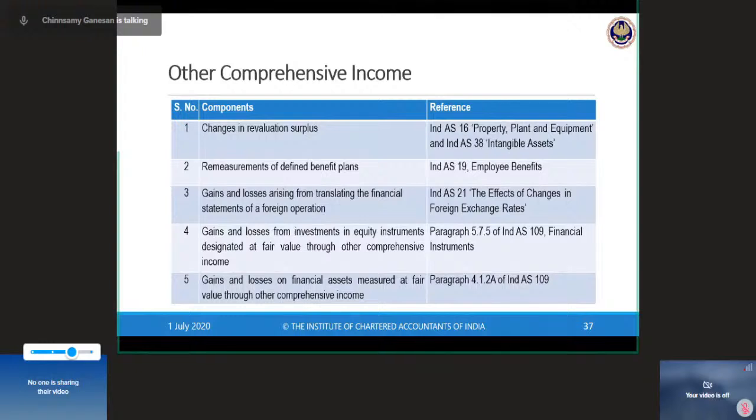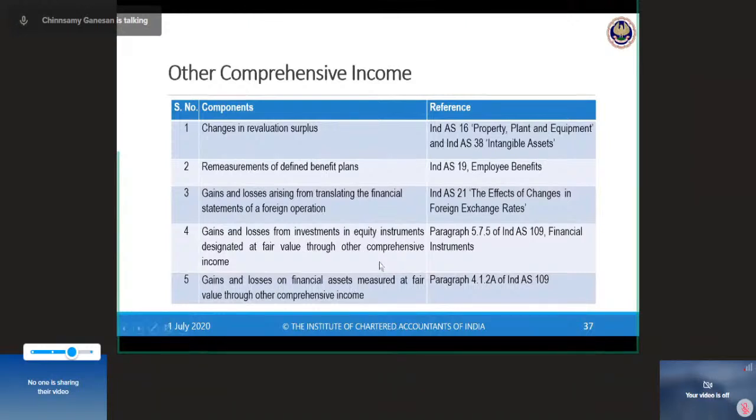When you are translating a foreign operation into Indian rupees as per Ind AS 21, we call it the foreign currency translation reserve. That foreign currency translation reserve impact cannot go to P&L. It should be routed through OCI. Similarly, when you have certain equity instruments designated as fair value through OCI, the fair value changes compared to the previous period should always be in OCI because you have defined that.